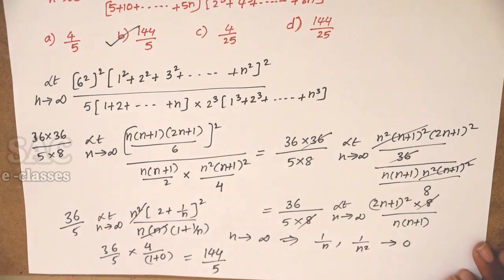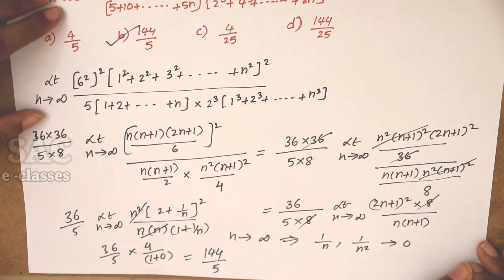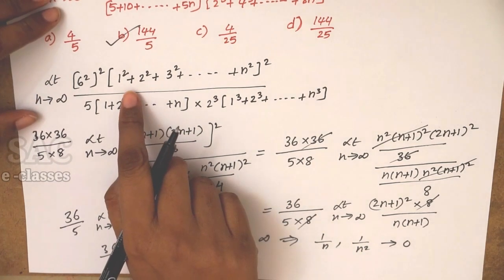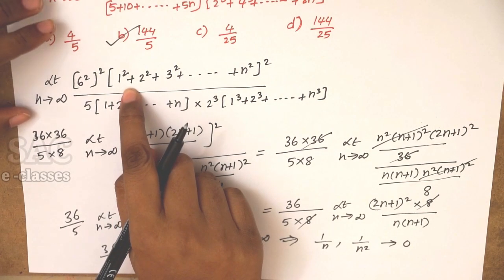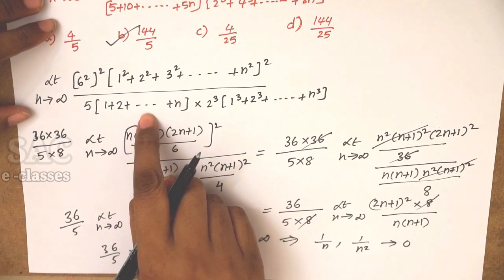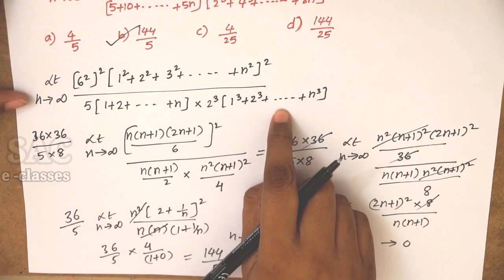Let us move to the next problem. Before going to the next problem, in this problem what formulas we have used, see carefully. Here I have used the sum of the first n squares. Here I have used the first n natural numbers. Here I have used the first n cubes.